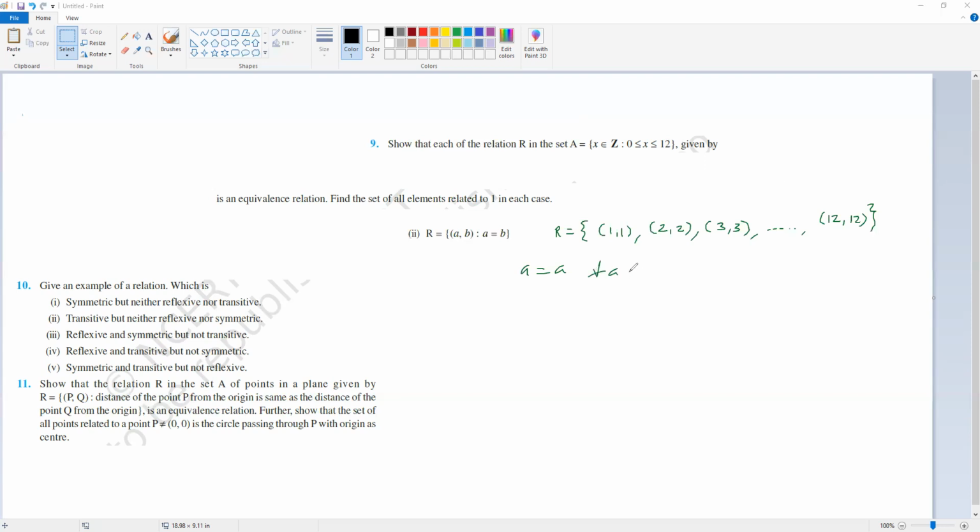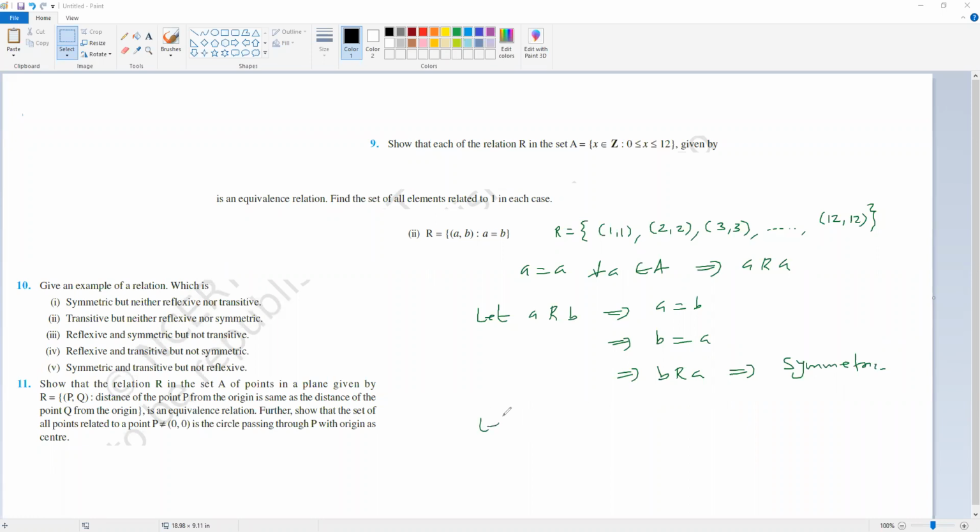For all A in the set, A is related to A. Then let A be related to B. That implies A is equal to B, which means B is equal to A. That implies B is related to A, so it is symmetric.